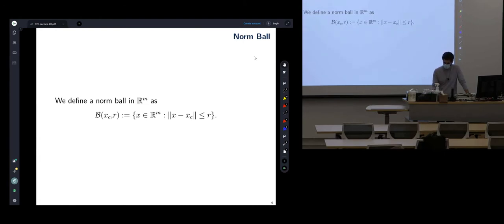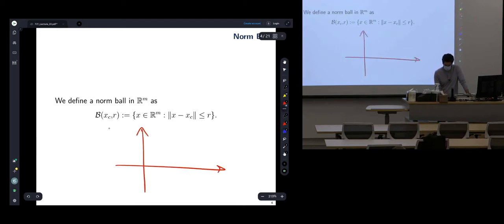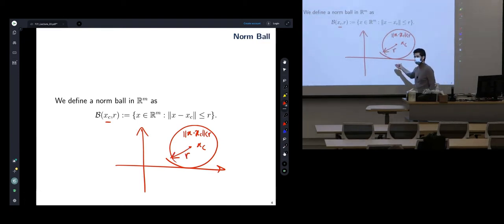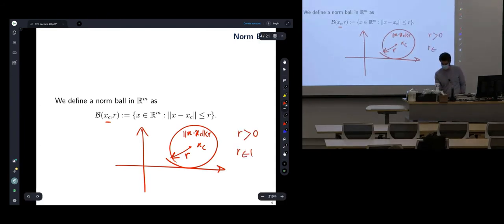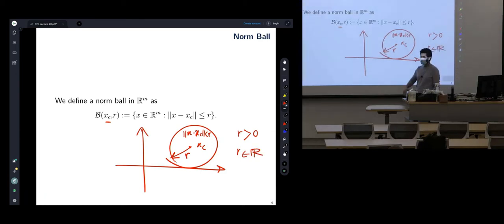And the norm ball is nothing but simply, for example, for 2D, you have a center, xc, and we're basically saying pick a radius, and every point that has a distance of r, some positive real number, call this a norm ball.